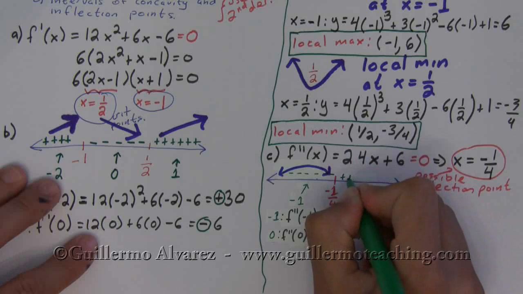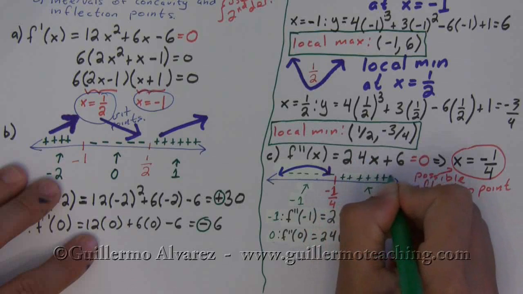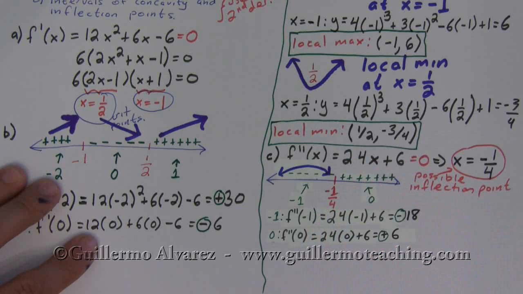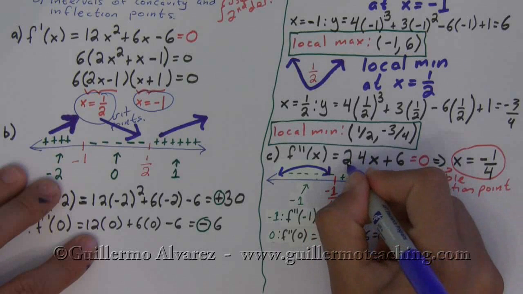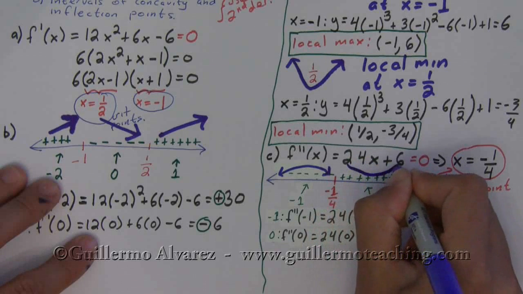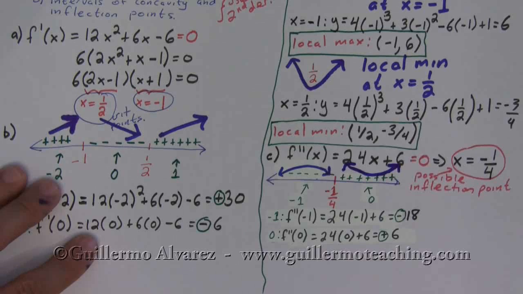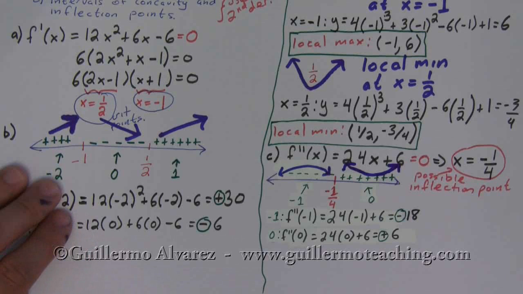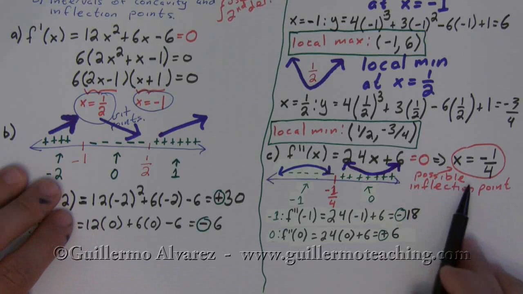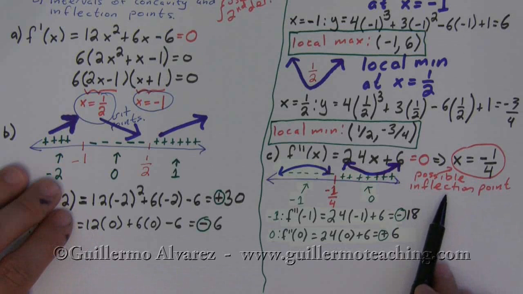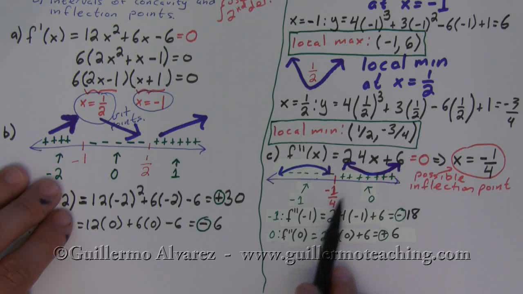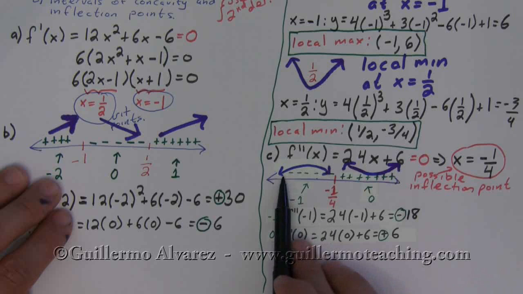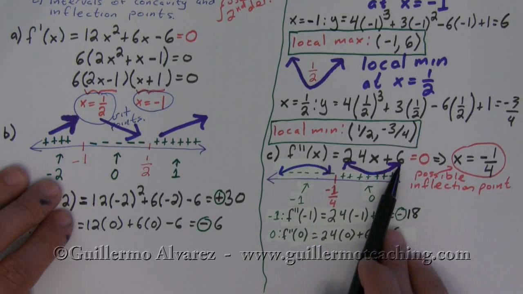So the fact that this is positive after negative 1/4 tells me that my function is going to be concave up after negative 1/4. And so that means that this, which was a possible inflection point, is in reality an inflection point, because it does change concavity. It goes from concave down to concave up.